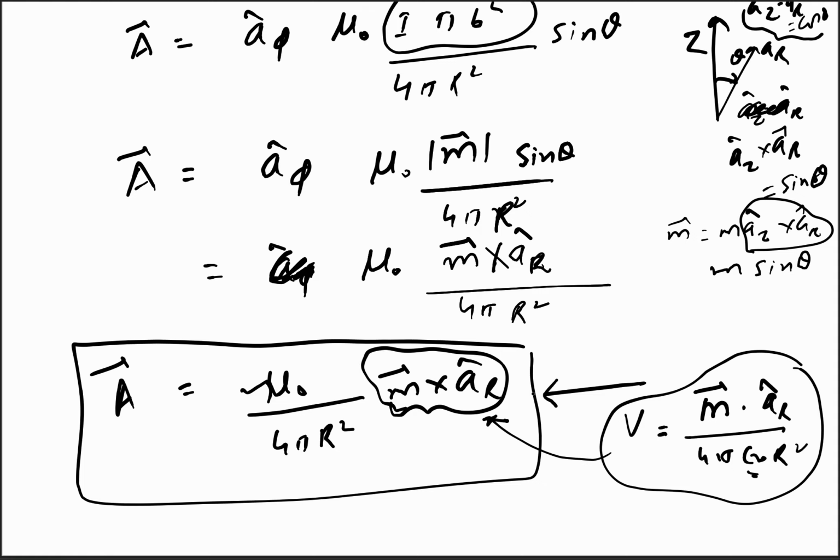Now from this we need to find the magnetic field. So we have found that A is equal to a phi mu naught I b square over 4r square sin theta.